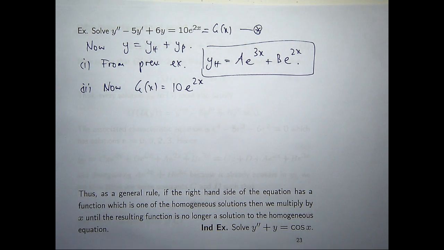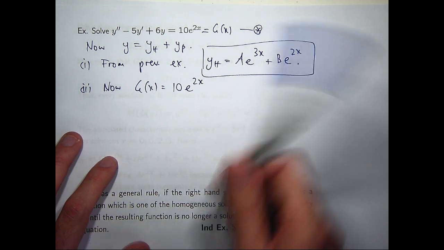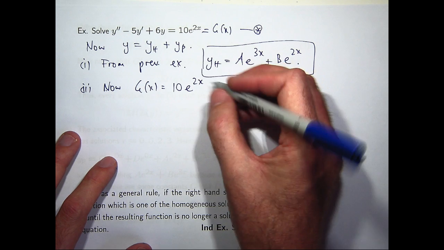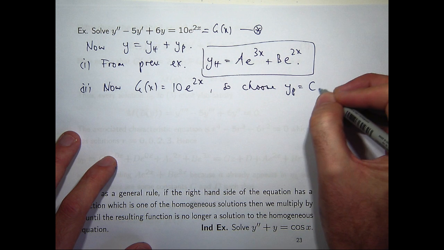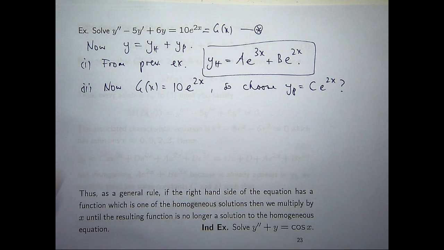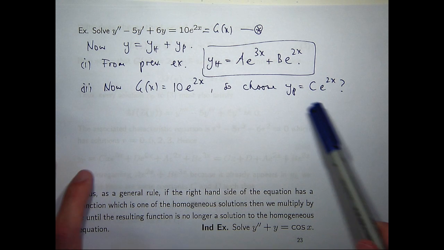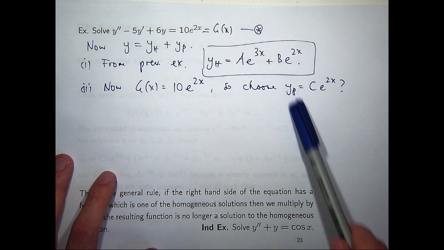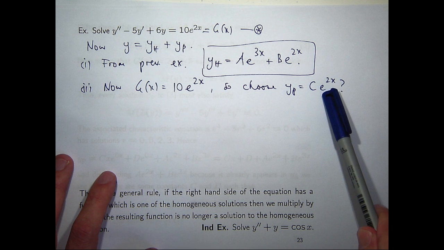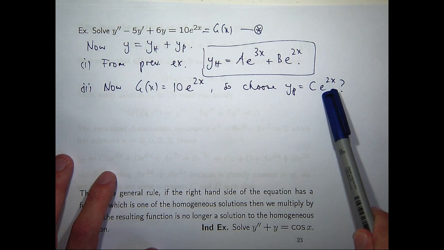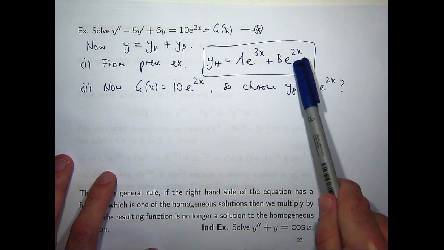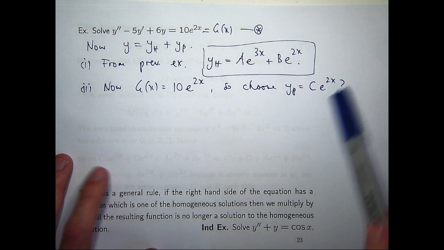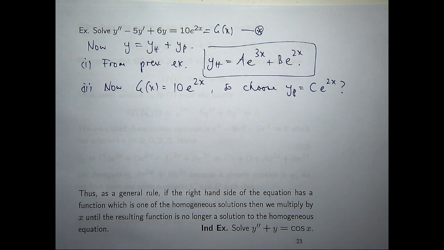Now, from what we looked at in the previous example, what would you expect a good choice for y sub p to be? Well, it'd be something like this, wouldn't it? If I'm going to construct a particular solution, wouldn't that be a good form? But wait, I'm confused. If that is already contained in there, then if I add these two things together, this construction is not bringing anything new.